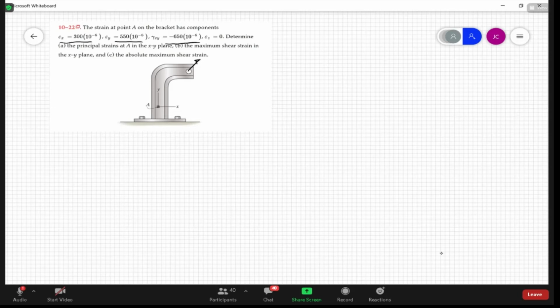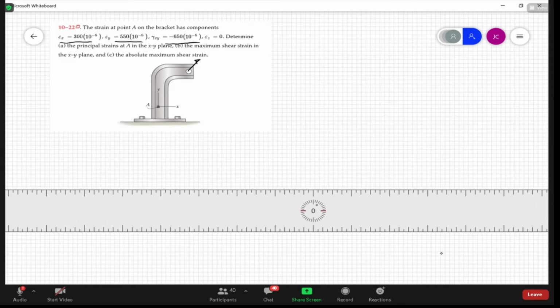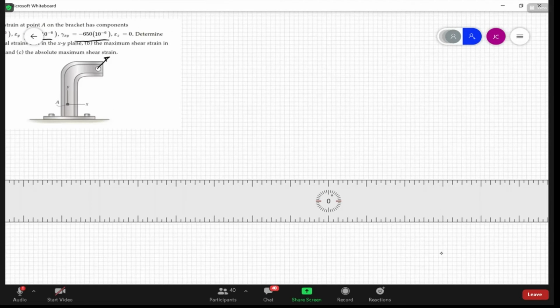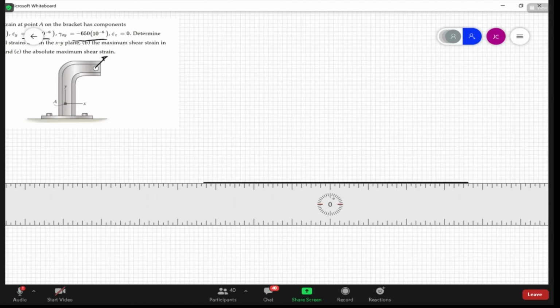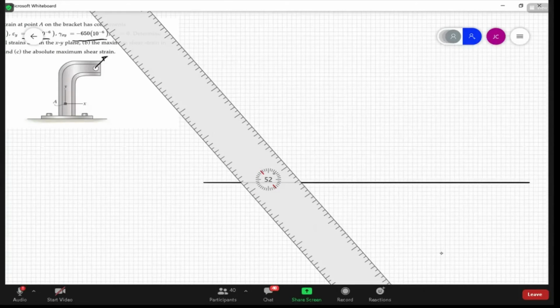Okay, so let's use Mohr's circle on this one. Let's draw a set of axes at least. Everything here is positive again as well.